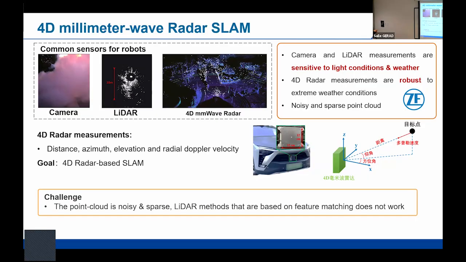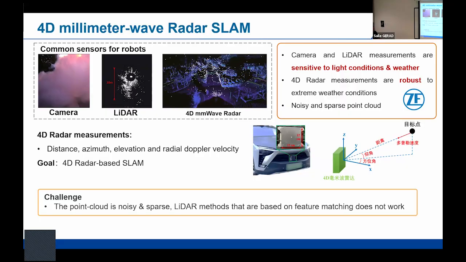As you can see, camera and LiDAR measurements are sensitive to light conditions and the weather, for example smoke and fog. And for example in the rain, especially when you drive on the highway, there are rain sprays brought up by the forward cars, and the LiDARs cannot penetrate. But this 4D millimeter wave radar is based on radio magnetic wave measurement, so these don't affect it.